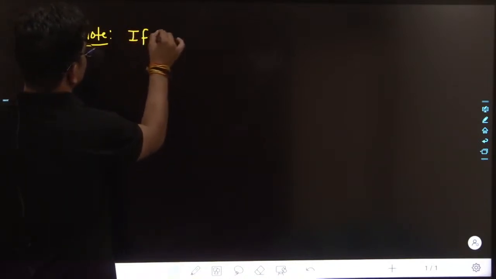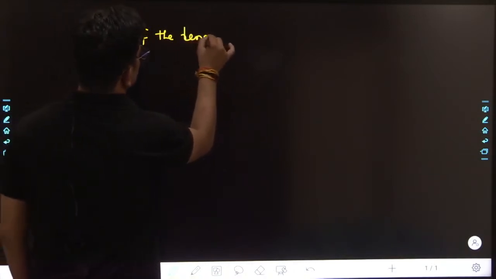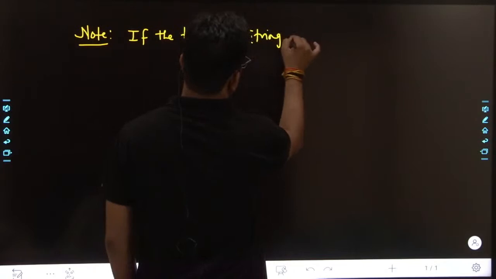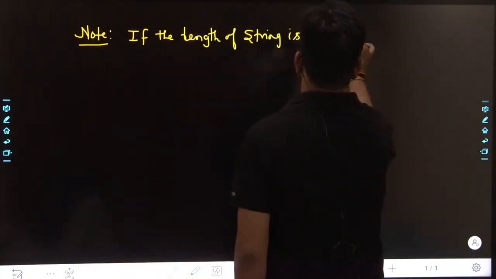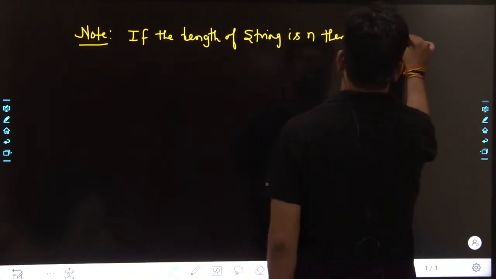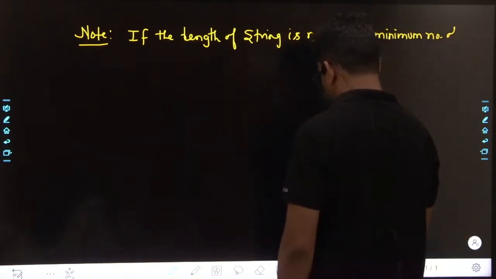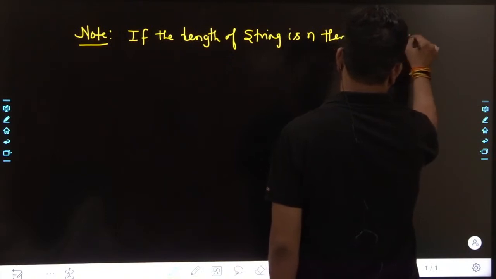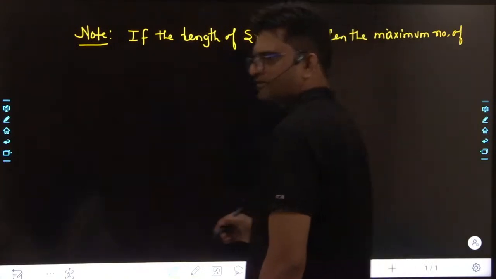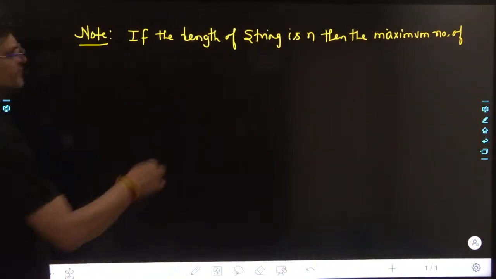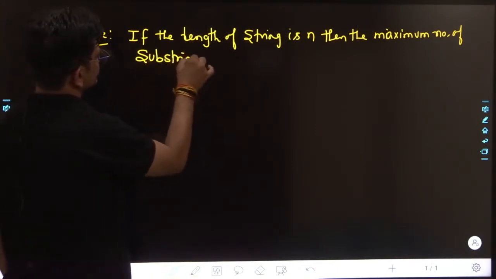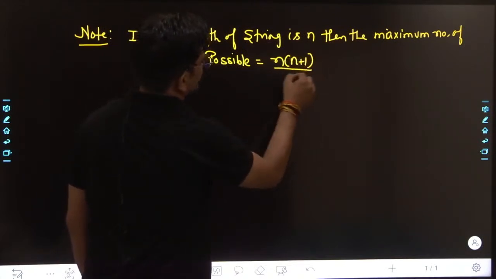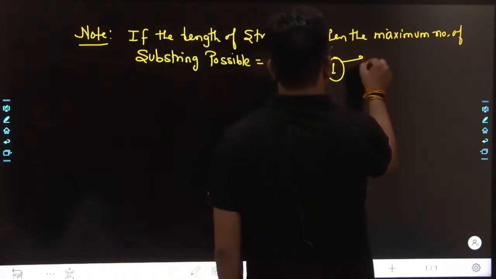If the length of the string is n, then the maximum number of substrings possible is equal to n into n plus 1 divided by 2, plus 1. This one is because of the null string.